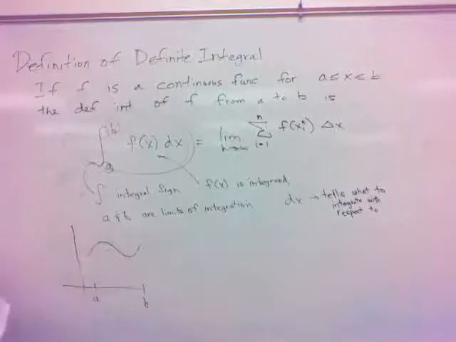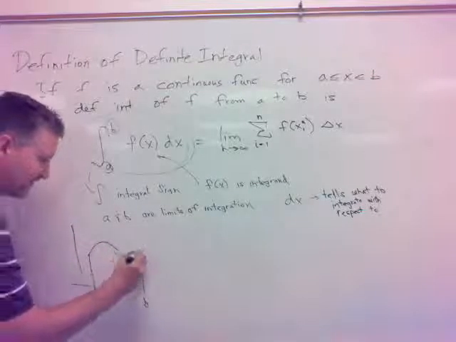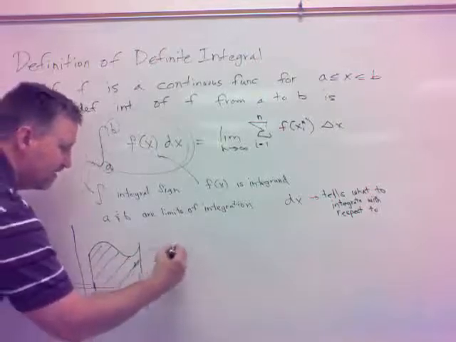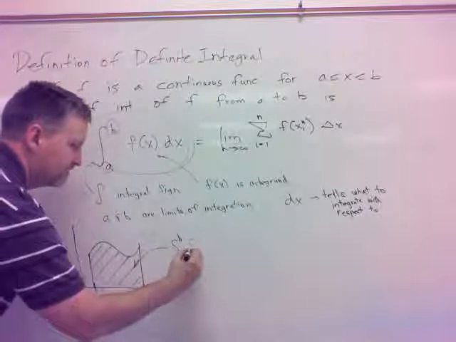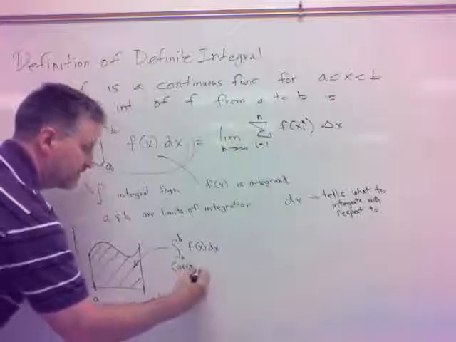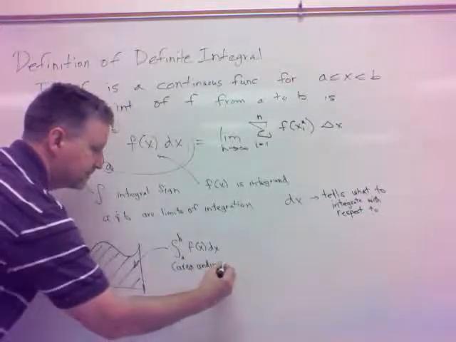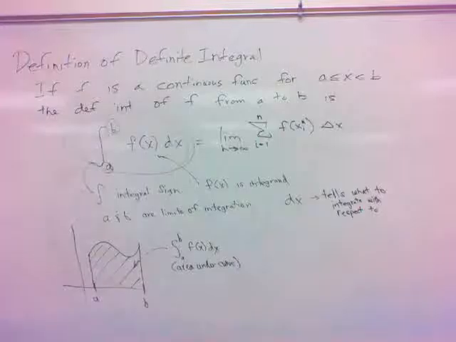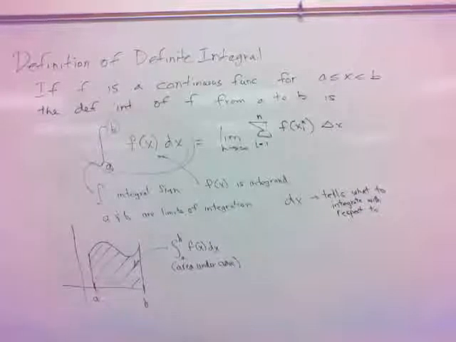It's the area under the curve, yes. Here's the integral right here. That area in there is your integral from A to B of f of x dx. So if it ever asks you to label the integral, draw your curve and label it.